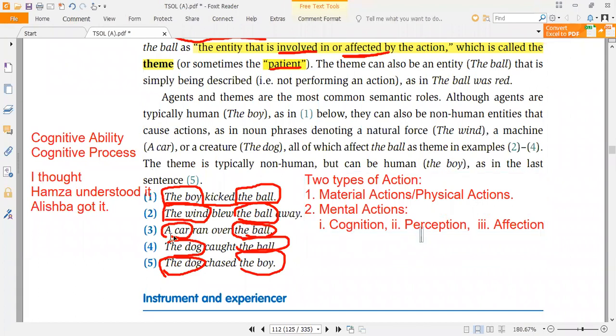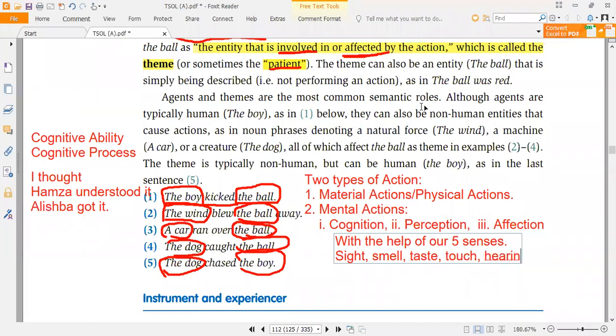Then we have perception. Perception means how we perceive things. We perceive things with the help of our five senses: sense of sight, sense of smell, sense of touch, sense of taste, and sense of hearing.